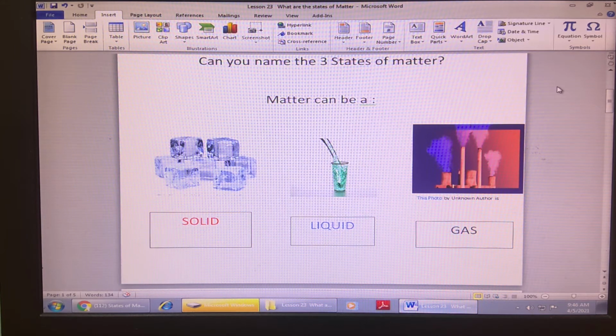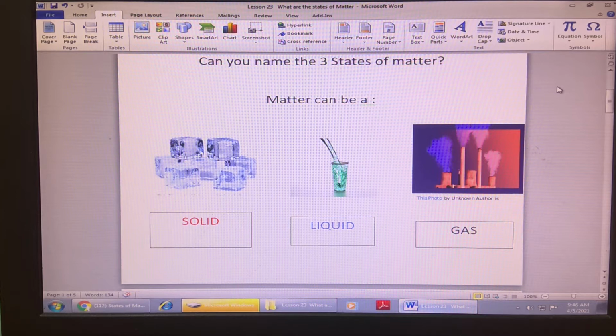And when it is heated up, quite often we could turn it into a gas, like when we take a shower and the bathroom gets all steamy and it's hard to see. Well, that's water in its gas form, okay? So liquid, solid, and gas are the three states of matter that we'll be dealing with today.